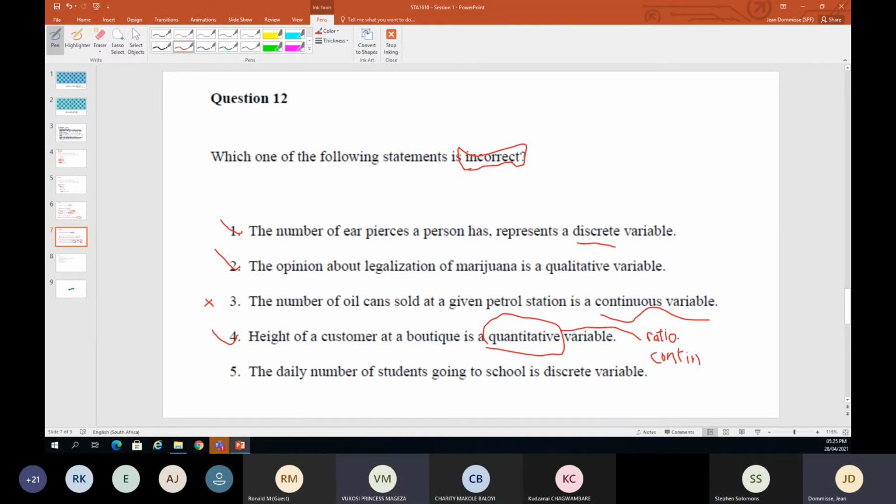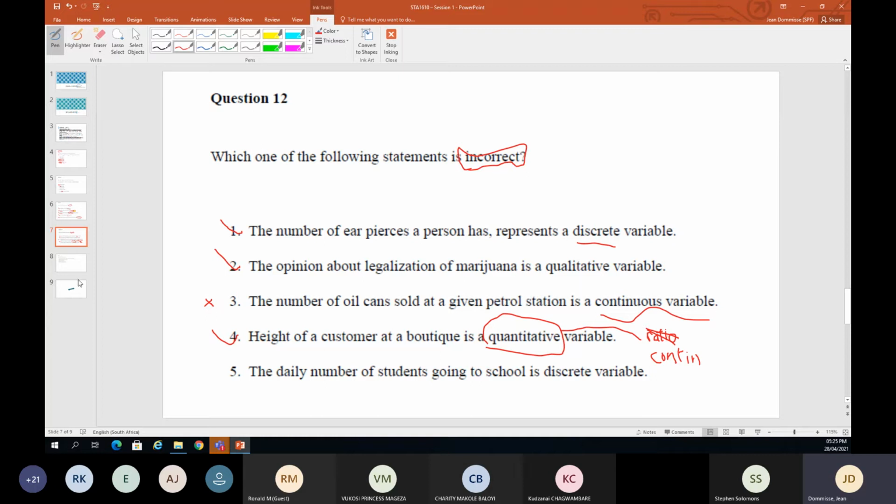Okay, so it is continuous, and the reason why it's not ratio is because there's not a negative height. When it's ratio, there will be a zero in between and it will go negative again. So that is why for height, it can't be ratio, it will only be continuous.